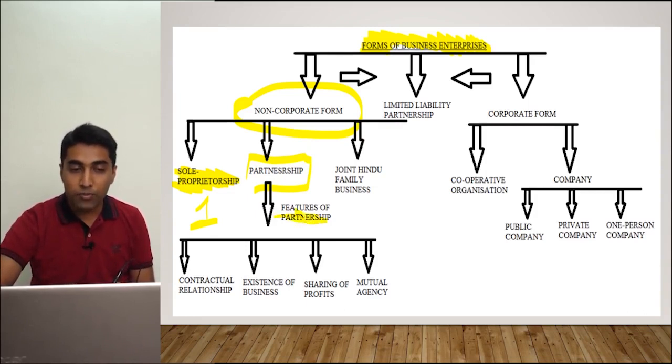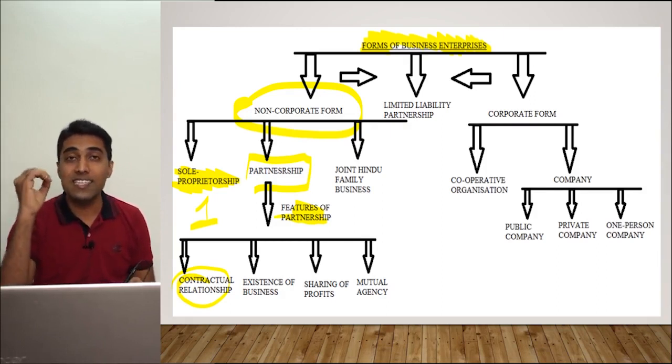So what are the features of a partnership? The first point is contractual relationship. If you say Indian Contract Act, it says what is a contract? A contract is basically an agreement which is enforceable by law. So when do we have an agreement? When there is consensus ad idem, that is meeting of two minds.